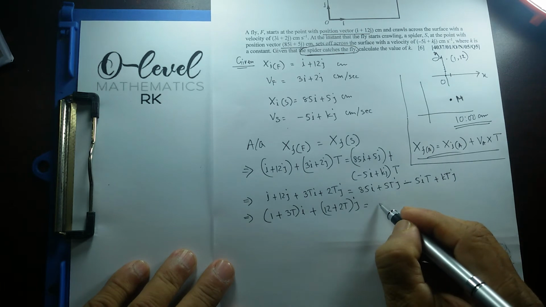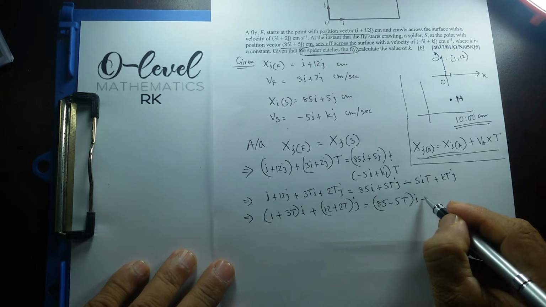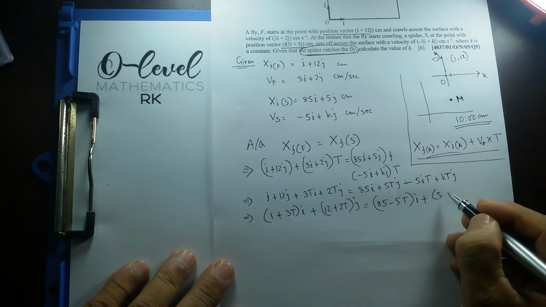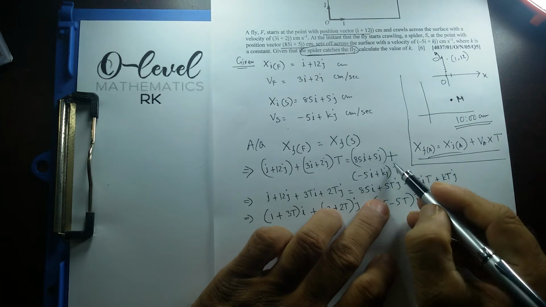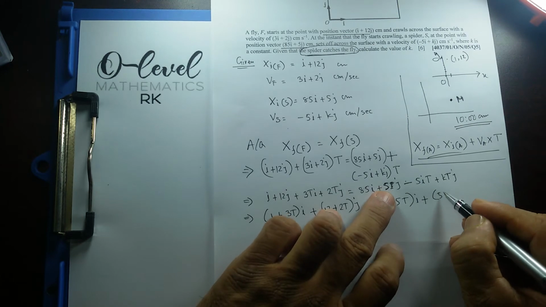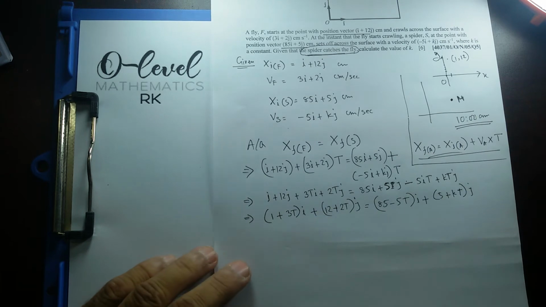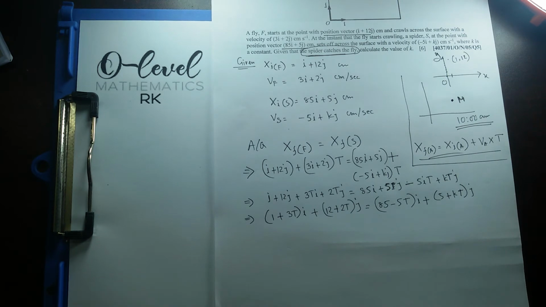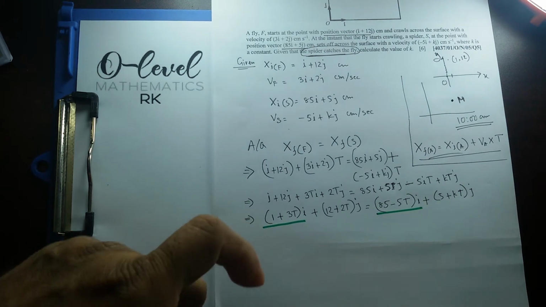And here, (85 minus 5t)i plus 5, hold on a second. Yeah, there is no t; that's 5j only. So that's going to be (5 plus kt)j. Now equate the coefficients. On the left-hand side I have the coefficient of i, and on the right-hand side the coefficient of i.